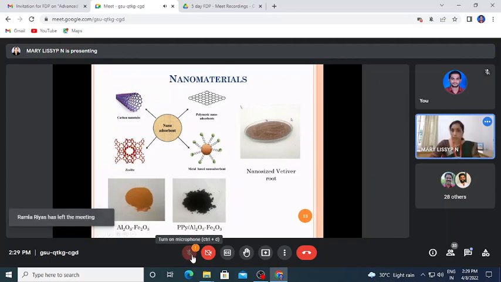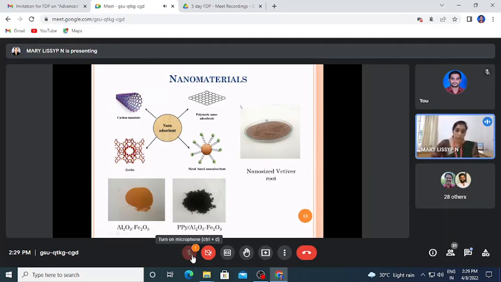That is shown in the picture. This nano-sized vetiver root powder is used for the adsorption process, and we have done many experimental studies, and from that we concluded that more than 90% removal of the heavy metal has taken place. So that is one example.